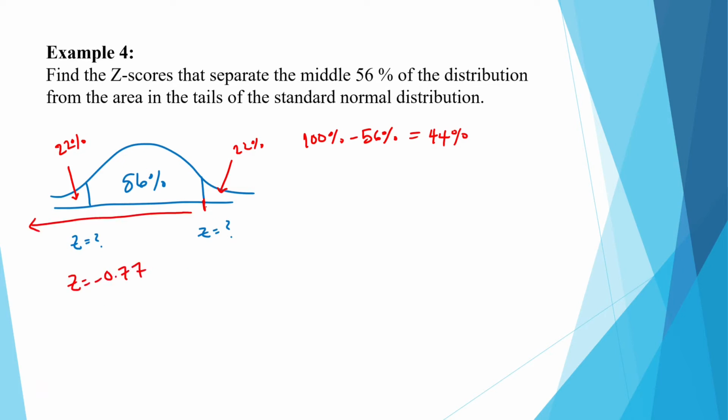The area to the left of the second z-score will be obtained by adding 22% plus 56%, and that's an area to the left of 78%. We will find the area that is closest to 0.78.